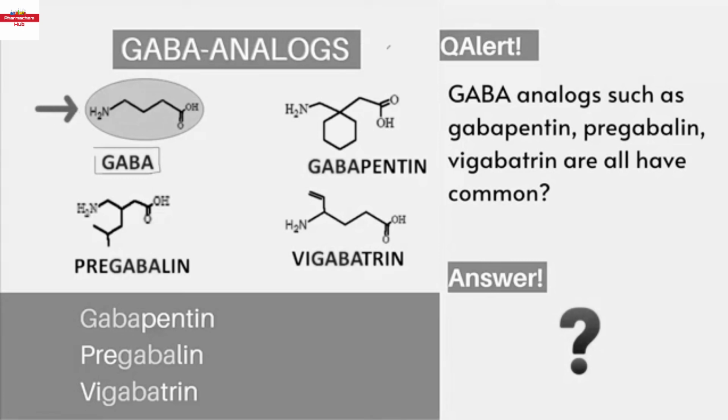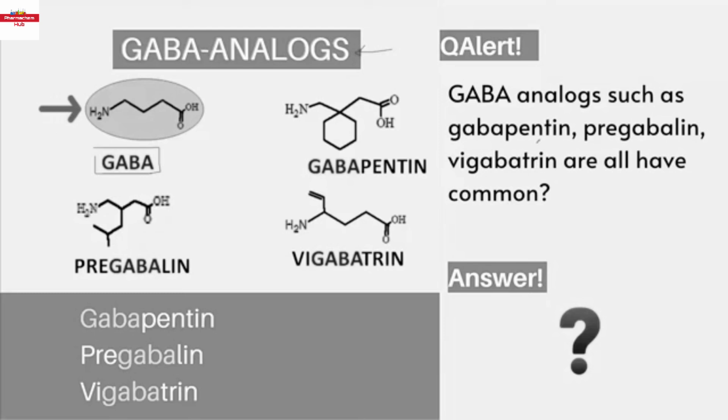GABA analogs. So as I said before, analogs. So what is that exactly? There are at least three drugs mentioned here that you have to know. They're GABA analogs: gabapentin, pregabalin, and vigabatrin.